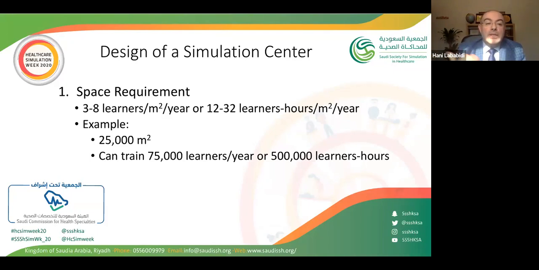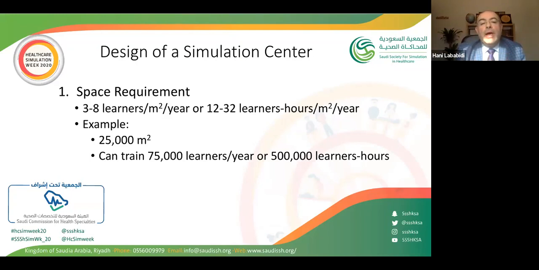Like medical students, when they have their physical exam block, they come for longer hours compared to consultants who come only for a small workshop of 6 hours or 4 hours, and they go away. And probably once or twice a year, no more. So calculating it as learners' hours is more important.